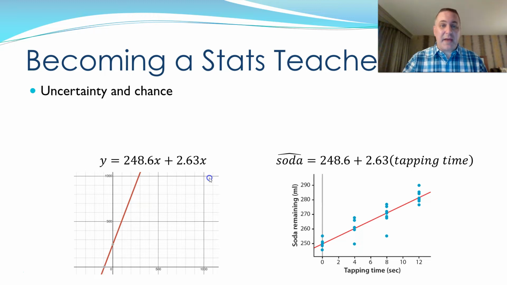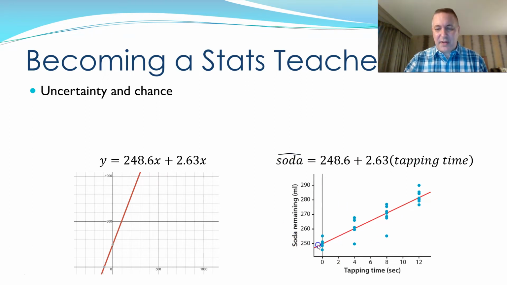And that's a mathematical construct. On the right we have what the same thing would look like perhaps in statistics. And in statistics, we still have an equation, although you'll notice some differences. Sometimes we use names for variables. Sometimes we use y and x. There's this funny hat. It's called a hat there.